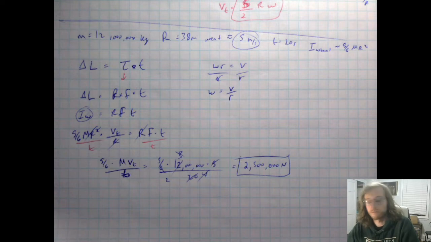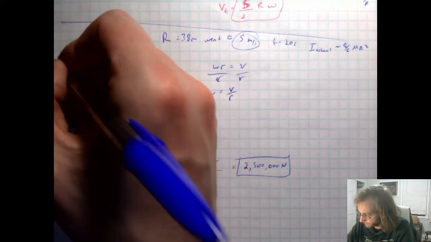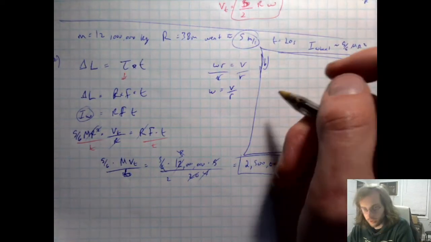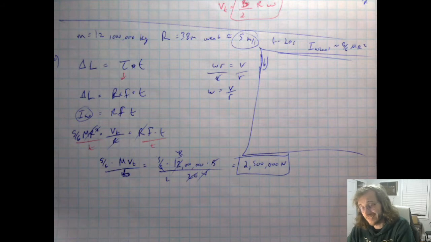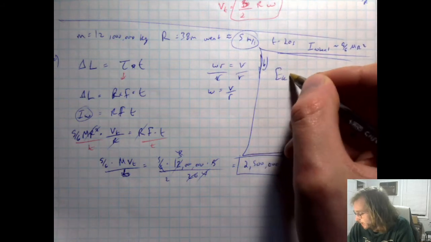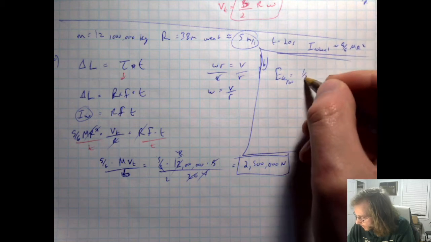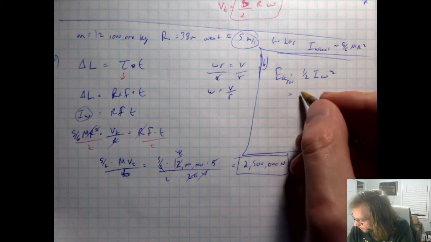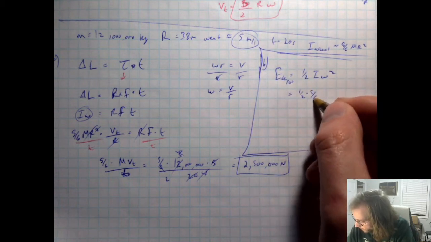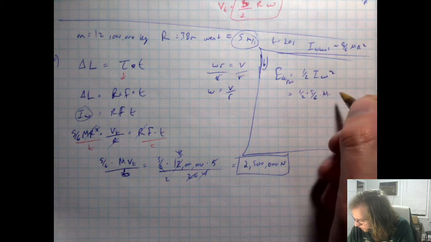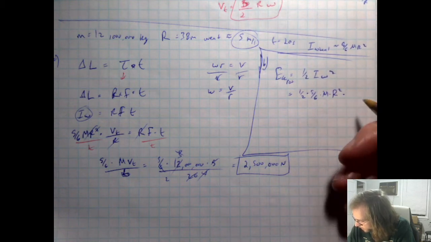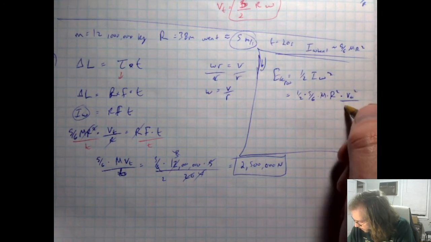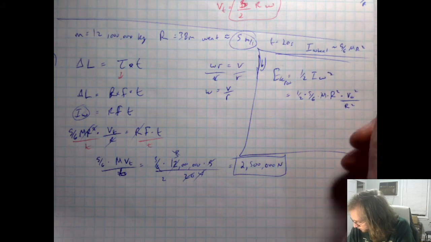For part B, we're trying to figure out how much energy needs to be dissipated. To figure out how much energy we need to lose, we need to figure out how much energy it had to start. EK is equal to 1/2 I omega squared. Same setup with omega. So we've got 1/2 times 5/6 times m times r squared times our tangential velocity squared divided by our radius squared.